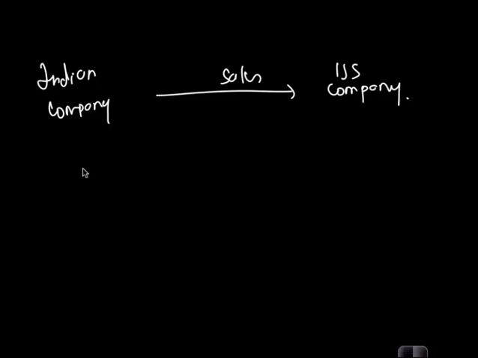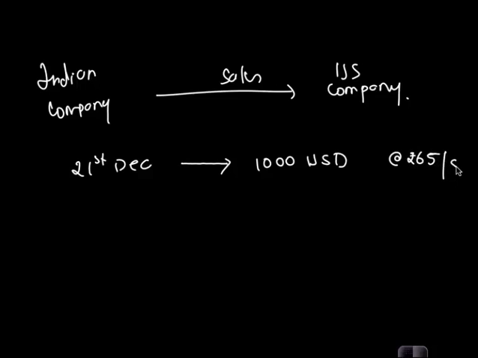So for example, on 21st of December, the sales was made and the amount of sales was 101,000 USD. Now on this date, the exchange rate was rupees 65 for a dollar. Now this sale was made on credit, so we have not really received the cash. On 31st December, let us assume that the books were closed.